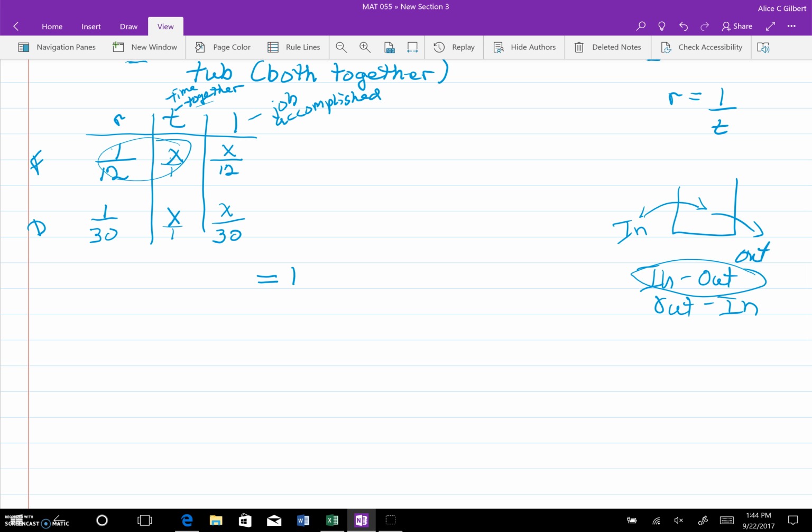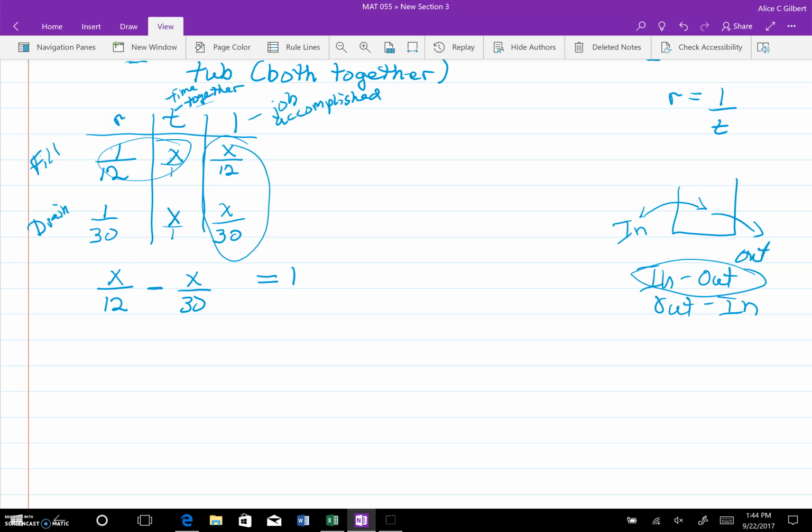So this is my in, the faucet filling it up, so that's what I start with, x over 12. And then I have to subtract what's going out, so that's x over 30. In other words, instead of the time column this time, I use the one job accomplished.